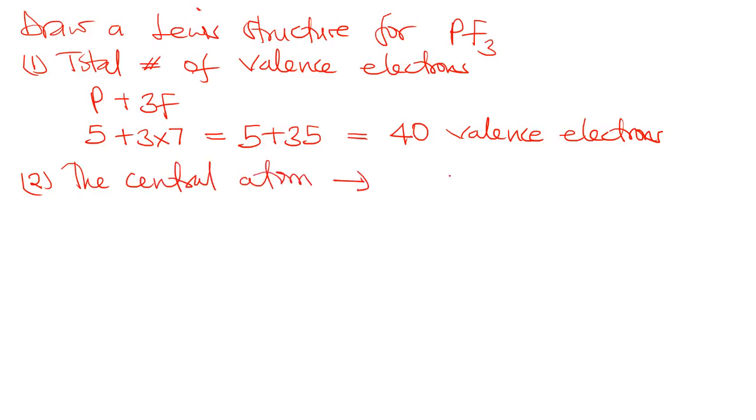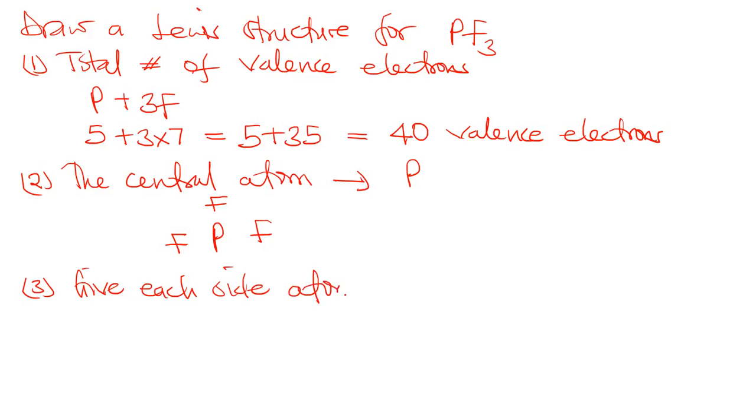In this case, the central atom is P. So we are going to have P here, and then we are going to have F, 3F surrounding P. Then give each side atom 8 electrons. That means 4 pairs.